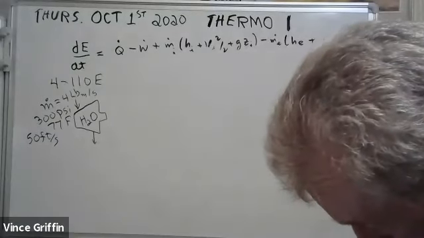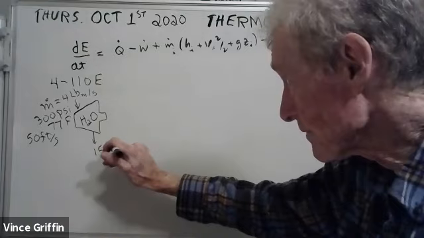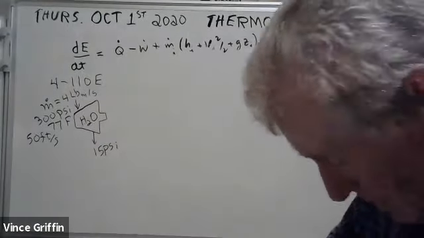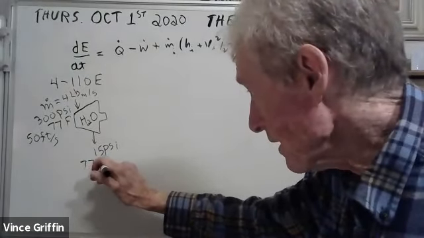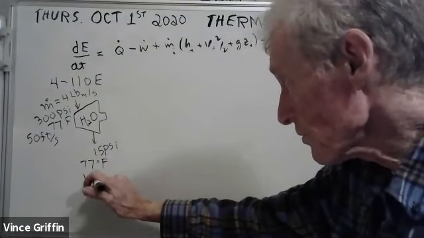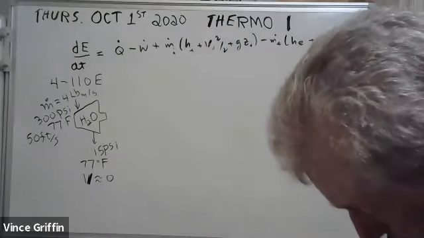The exit is at 15 psi. See, you can put a lot of stuff on your device sketch. And 77 degrees Fahrenheit. They said very low velocity again, so we'll just say the velocity is dang close to 0.